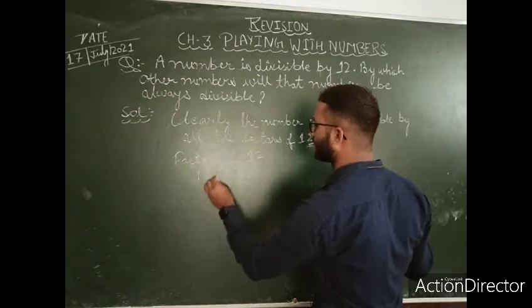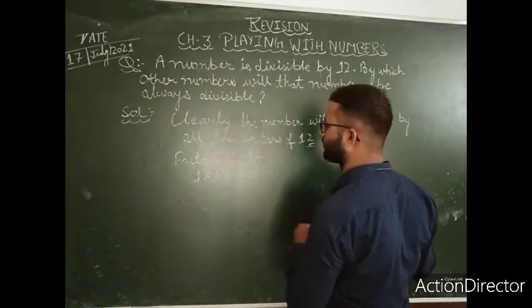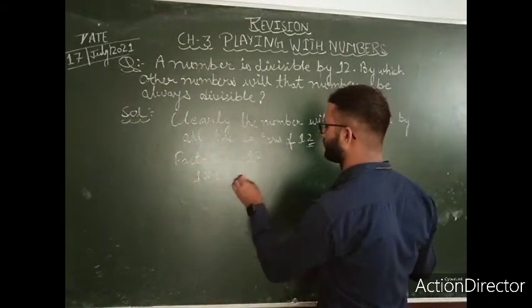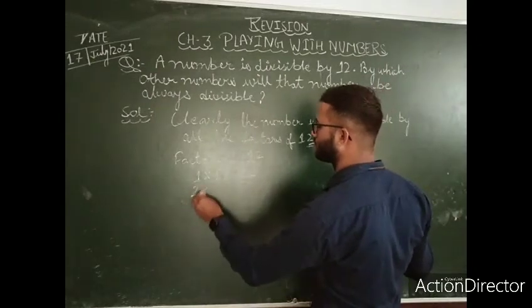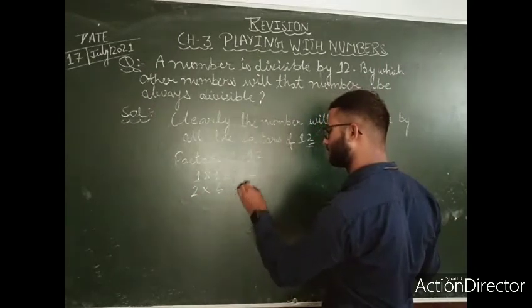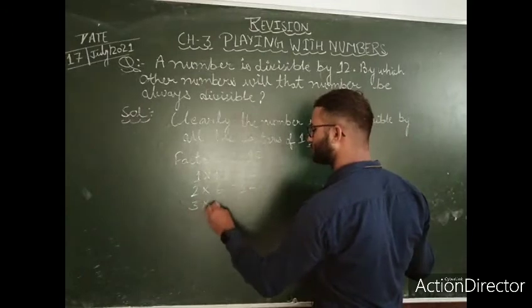1 multiplied by 12. Okay, now 2 6s are 12, 3 4s are 12.